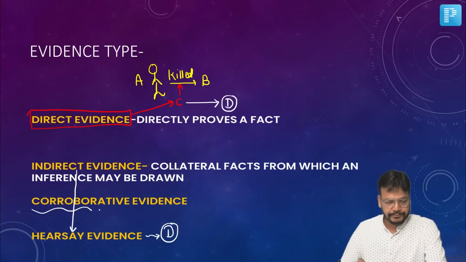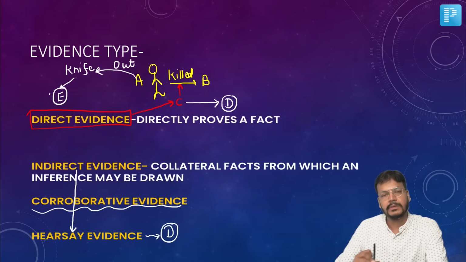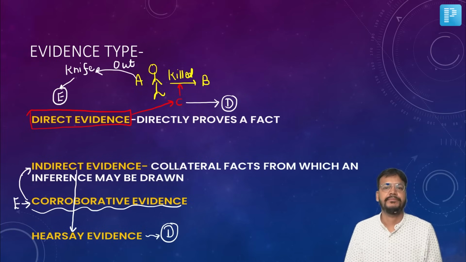Now, sir, what is corroborative evidence? A came out with a knife, and E has seen this A. So, my dear friend, this E is a corroborative evidence, and corroborative evidence is also an indirect evidence.